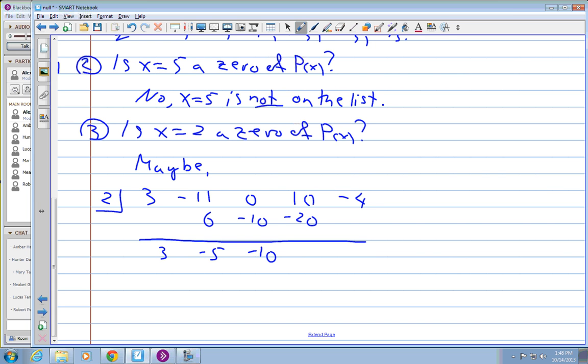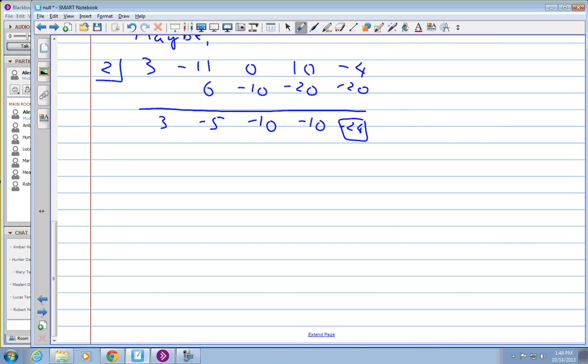Then -10 again, -20, -24. So no, it's not a zero. You see, just because it's on the list doesn't make it a zero. It makes it one of the possibilities. So now x equals 2 is not one of the zeros.